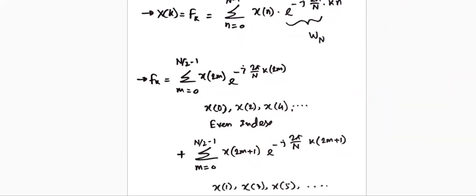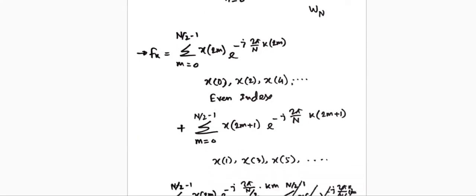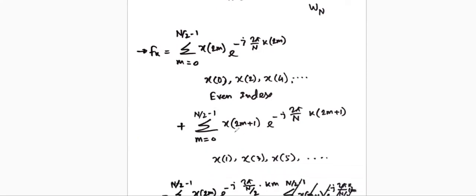And the other section, we can write in this way. So x, okay, let me discuss it first, and then plus the odd sections, odd numbers. How can we represent that? This is twice m plus 1, and e to the power minus j twice pi by capital N, k twice m plus 1.